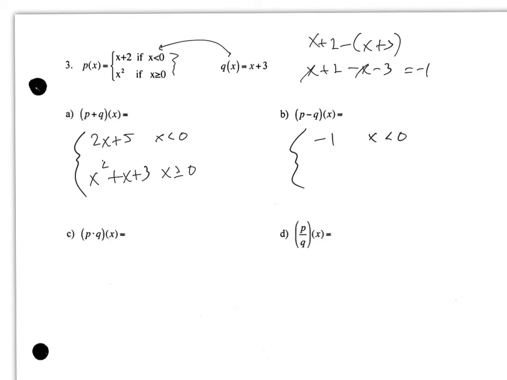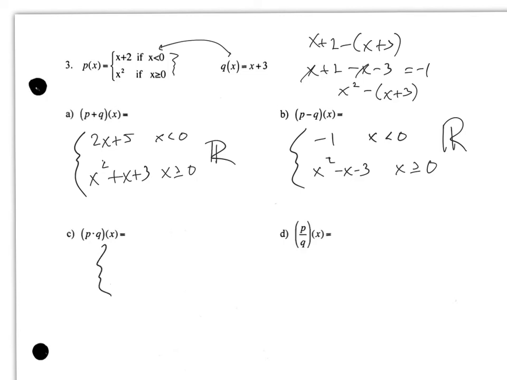To subtract the bottom, you can tell that the signs are going to just be distributed. So x squared minus x plus 3 will turn into x squared minus x minus 3. And this is if x is greater than or equal to 0. Now I skipped this, but in both cases, the domain is all reals. We don't have any fractions or radicals.